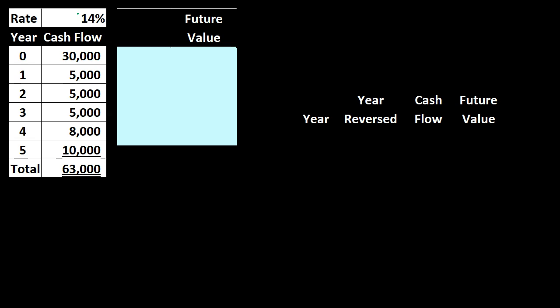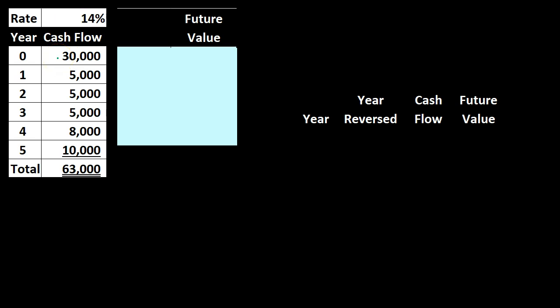That future dollar amount is going to be higher than the same value today, in terms of purchasing power today and in terms of the investment or rate of return we could get today. So that's the thought process we're thinking.